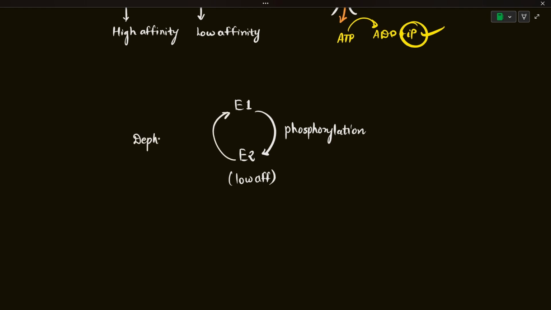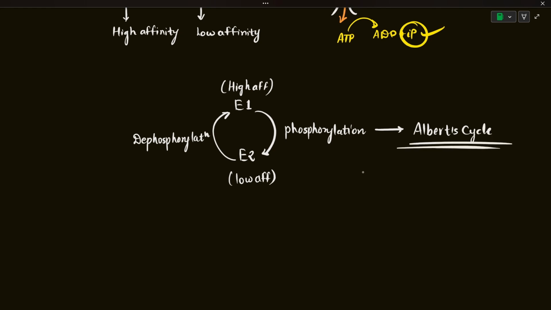So due to dephosphorylation, the conformation changes from E2 to E1, which is again a high affinity state. So this is how the cycle goes on, and this cycle is also referred to as Albers cycle. So this is how the transport cycle occurs in the P-type ATPases.